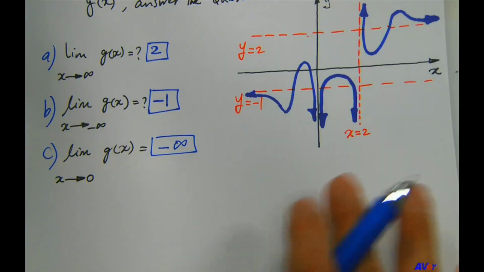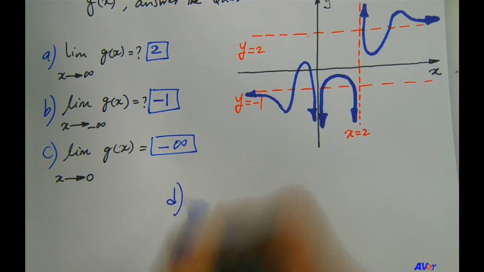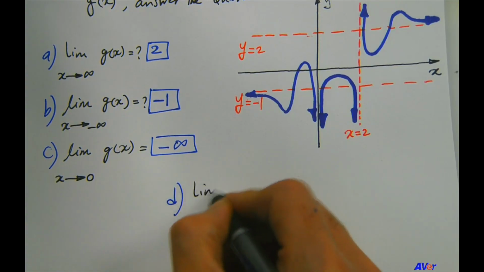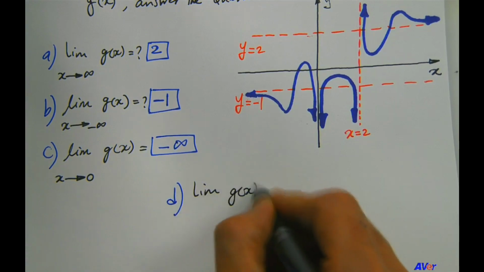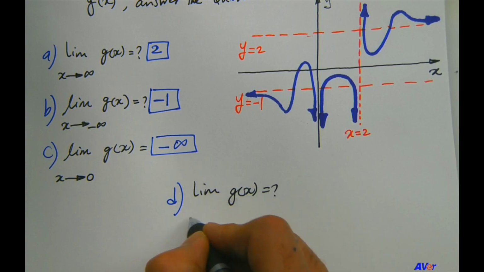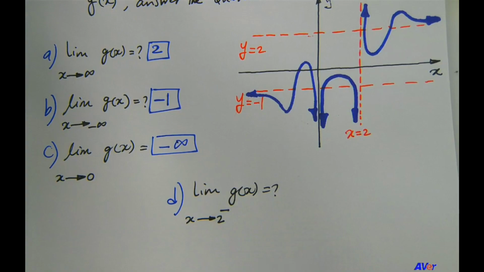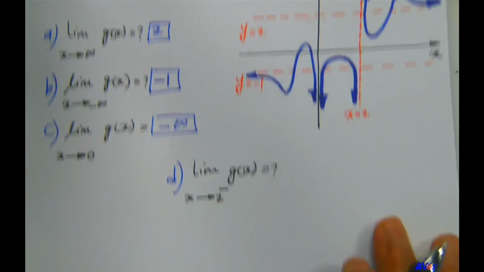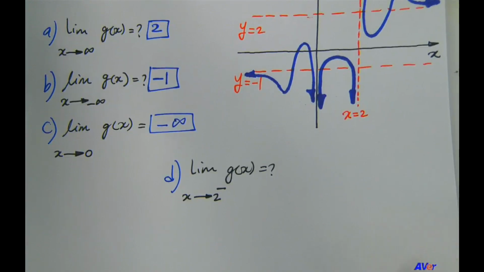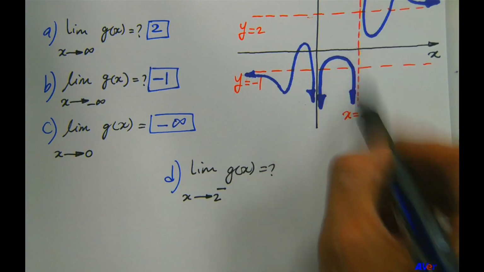So then, what about part D, we want to find the limit of function g of x as x approaches 2 from the left. Okay, maybe I should move this up a little bit, like that. So x equals 2 is here, that vertical asymptote.